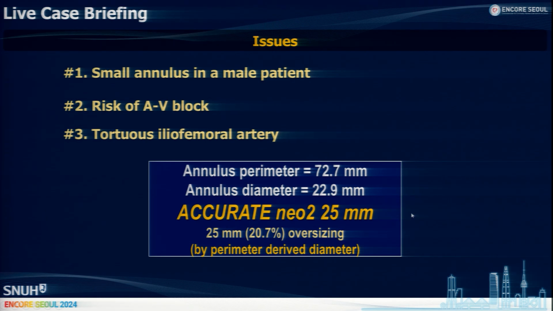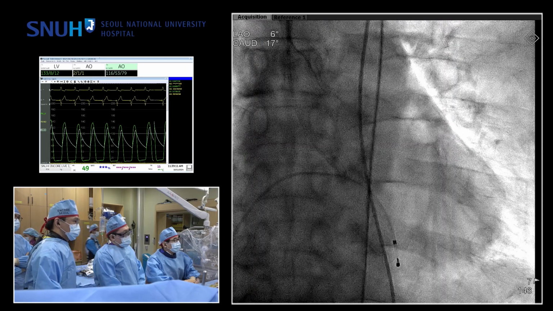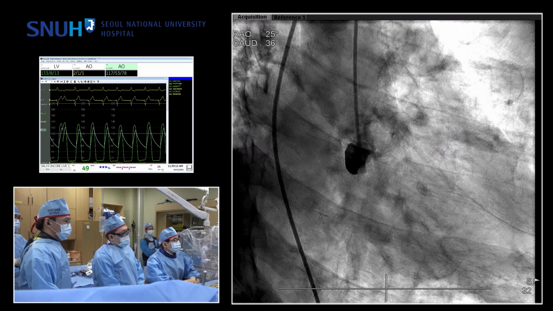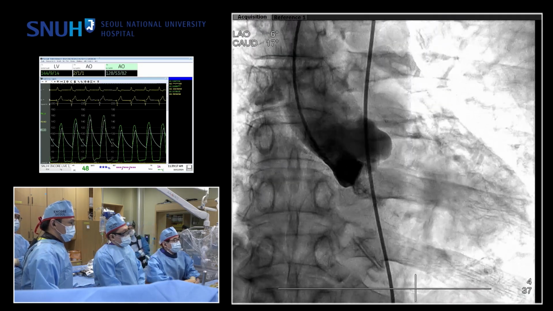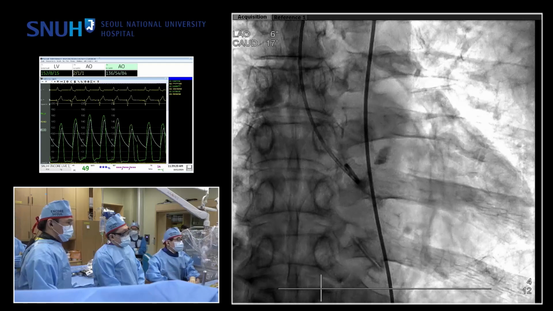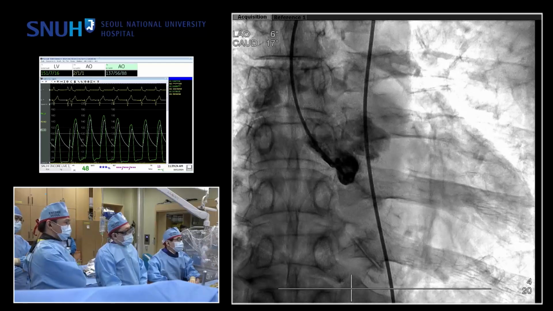Let me introduce the pictures that I've taken just ago. Andrew, please. Here, this is a three-cusp view. We can see the calcified valves plus.